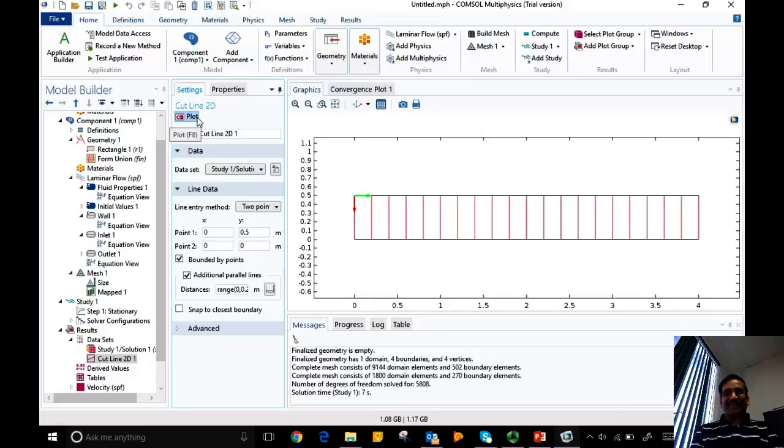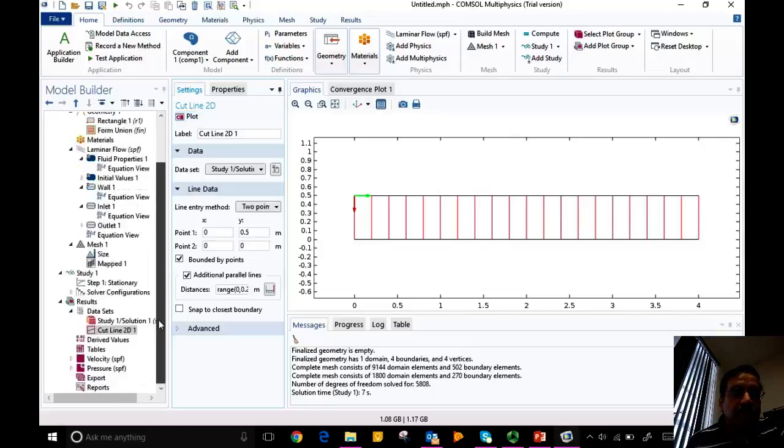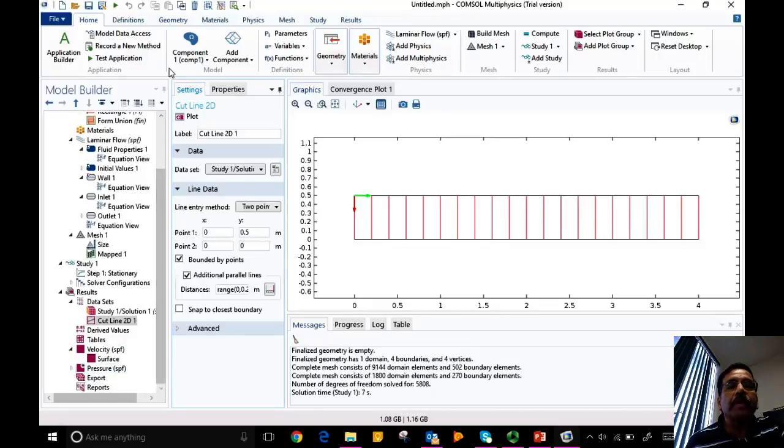All right. So now it's going to plot the velocity or any variation of any field variable along these lines. So you can see how it develops. Okay. So then what I want to do is plot. Where is that?